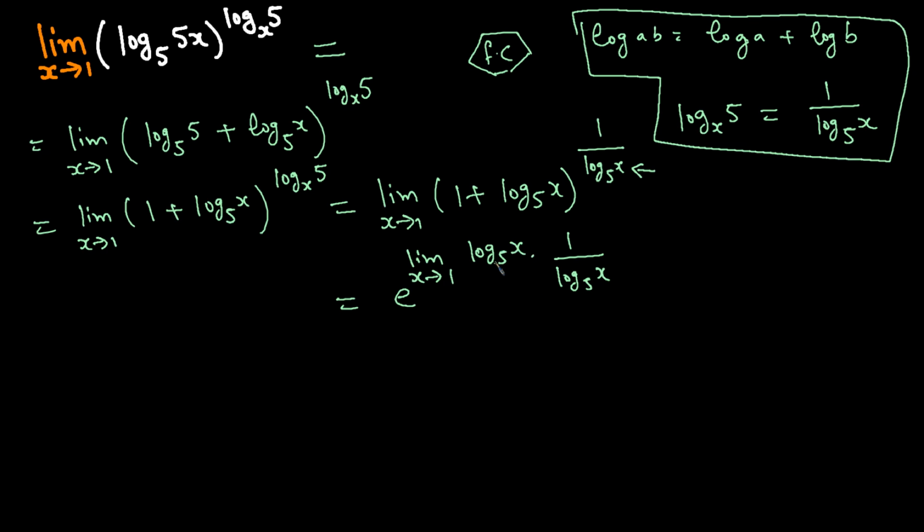And if you see, log base 5 of x and log base 5 of x cancel each other, giving me 1. So this is basically equal to e raised to the power 1, or just e. All right, I hope this makes sense. And again, I always encourage you to solve more examples by yourself and practice.